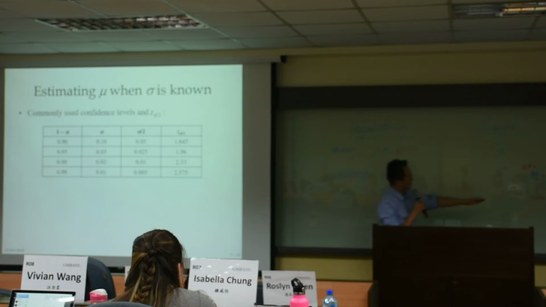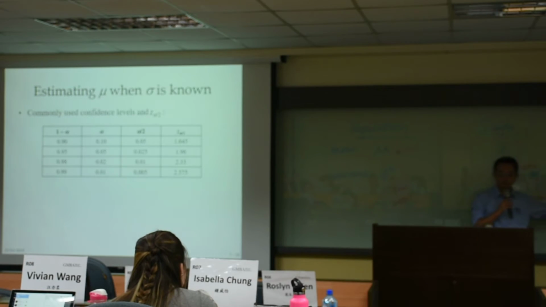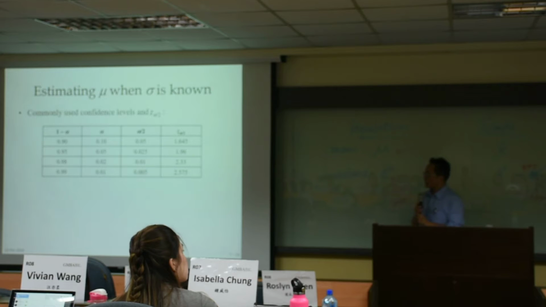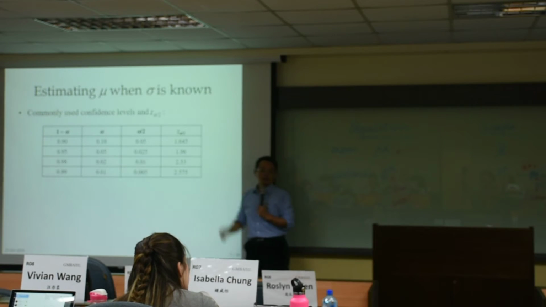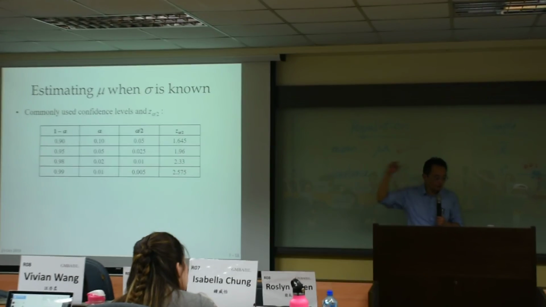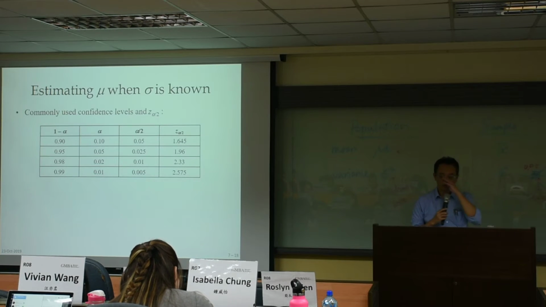And that will give us the values of negative 1.96 and positive 1.96. And if we still want a further smaller value of alpha, then the z value will become larger and larger. So these four sets of alpha and z values are commonly used in statistics.